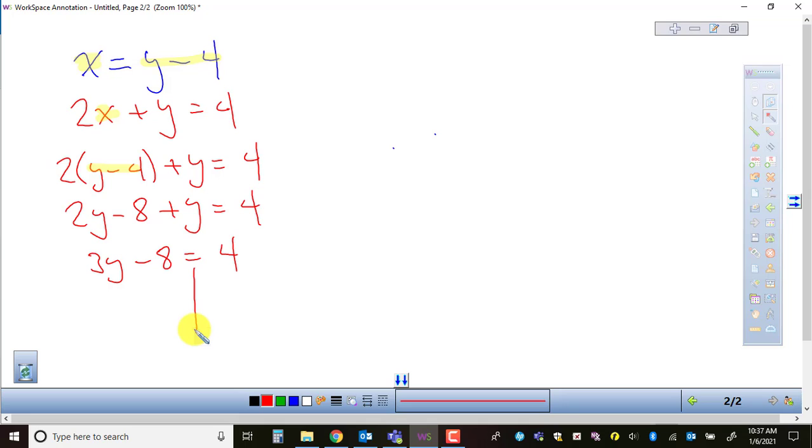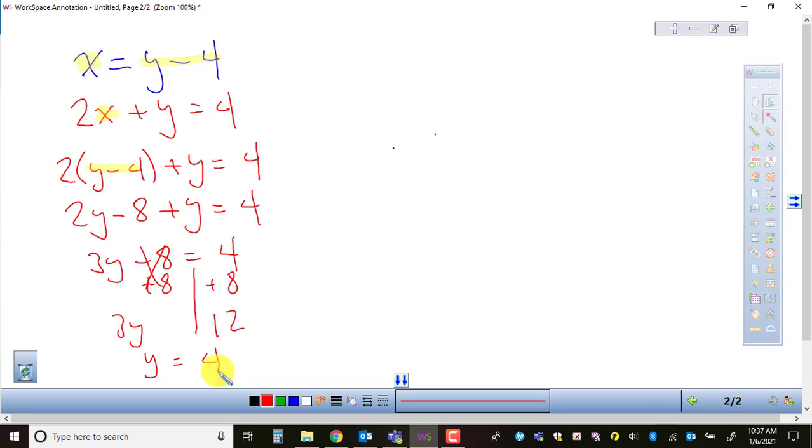So I'm going to solve this. I need to get rid of the negative 8 and the positive 8. Those will cancel. I get 3y is equal to 12. I divide both sides by 3. I get y is equal to 4.